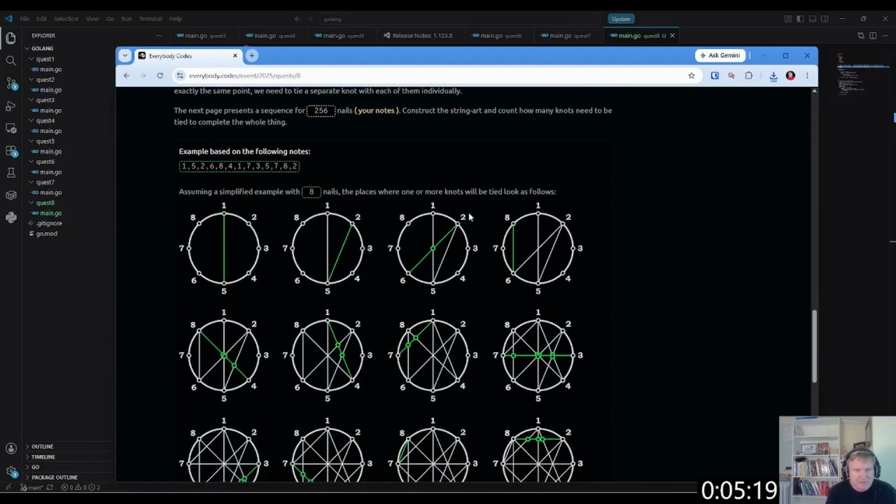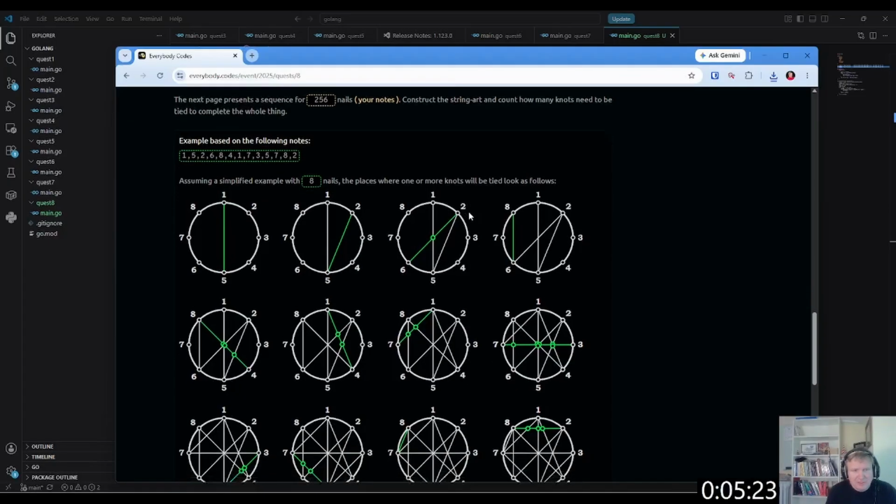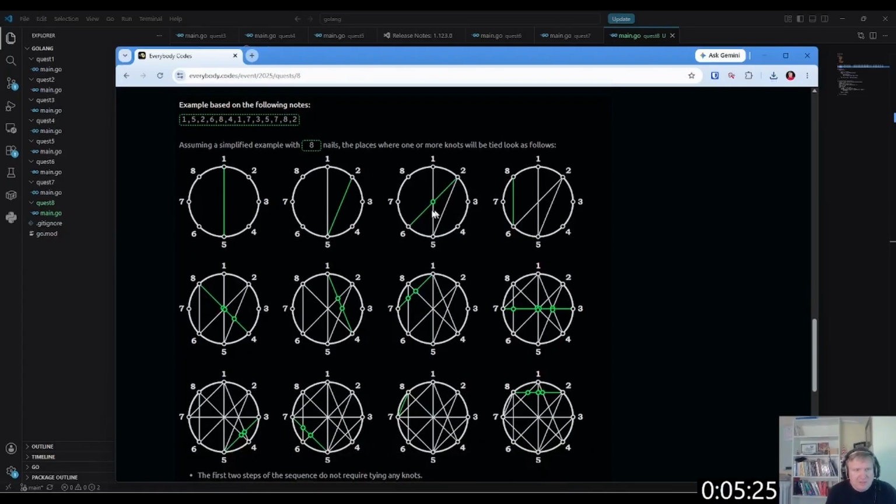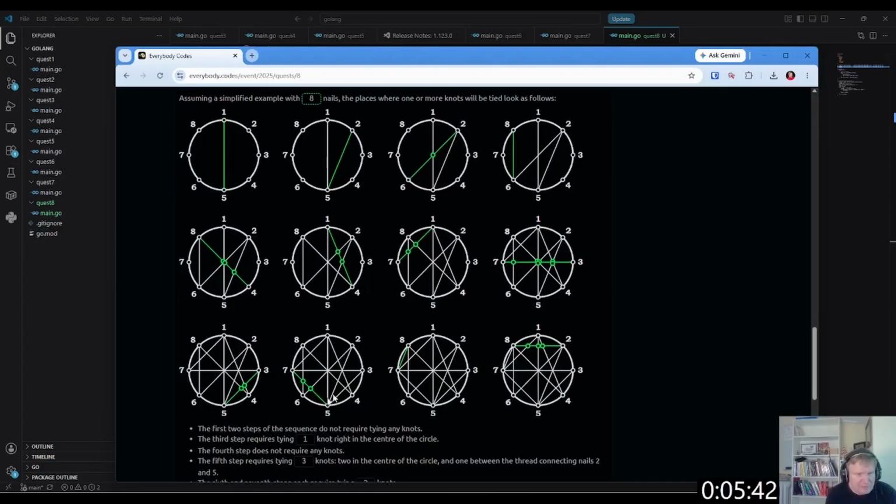Okay, so eight nails. So we have one knot, 1, 2, 3 knots, 4, 5 knots, 6, 7 knots, just 3 knots.